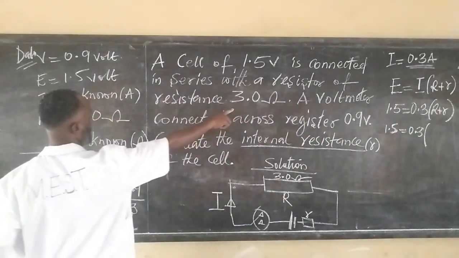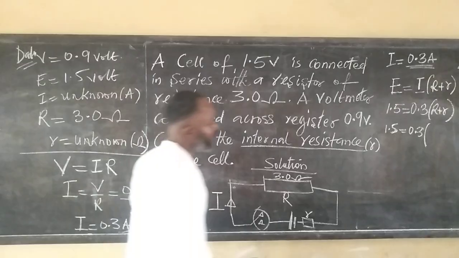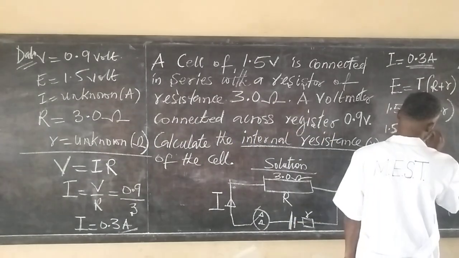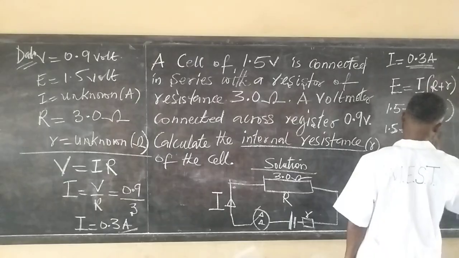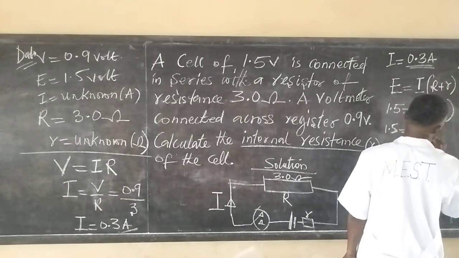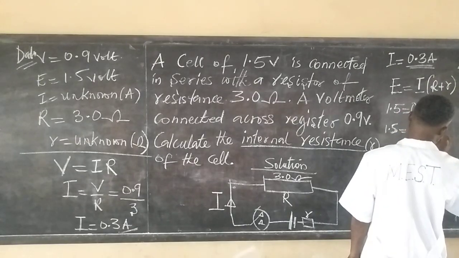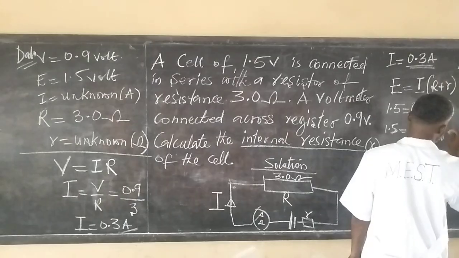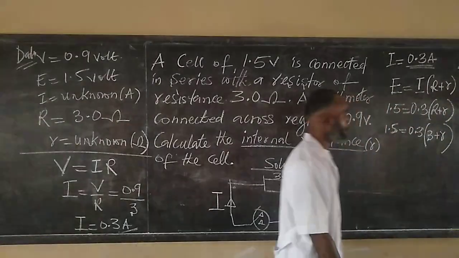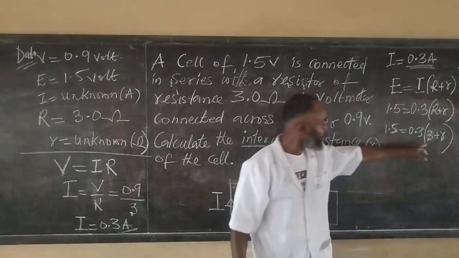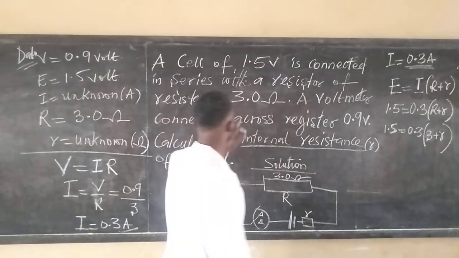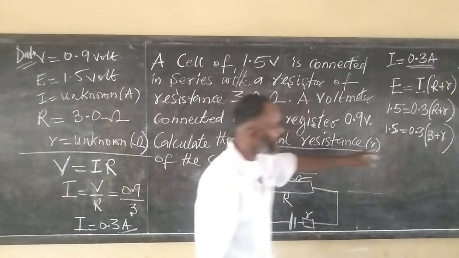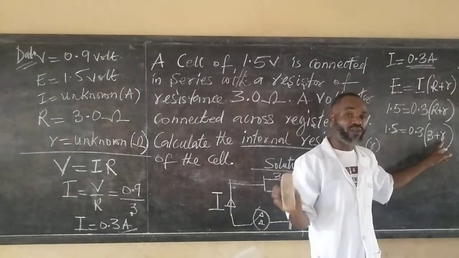We substitute here for the external resistance, 3 ohms, and the internal resistance is the one we're looking for.